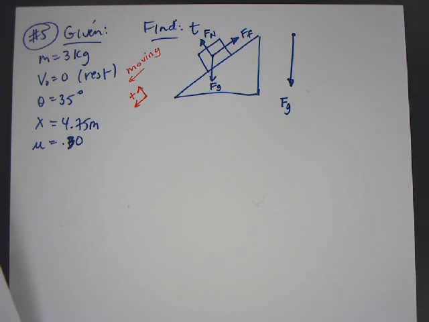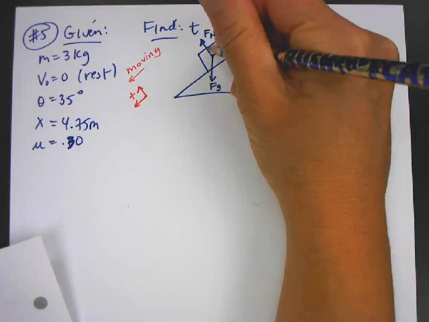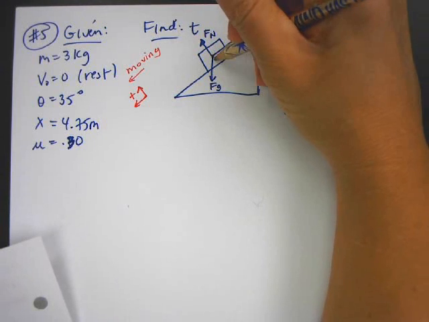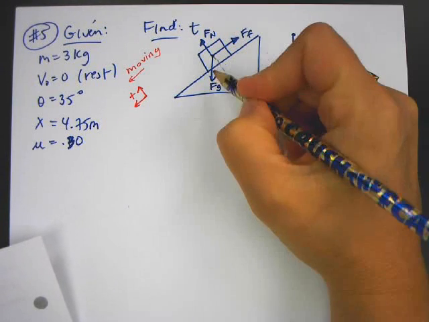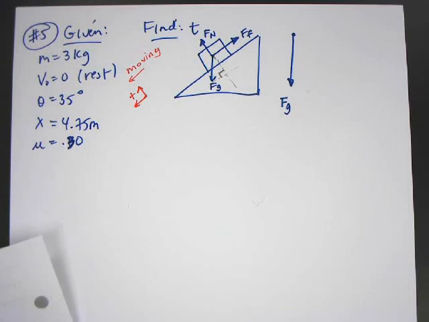Now I'm just going to draw a little pencil on here because I don't like to mess up my diagram. But from geometry, if I want to draw my perpendicular, you can just draw imaginary lines like this and like this. So there's my 90-degree angle.